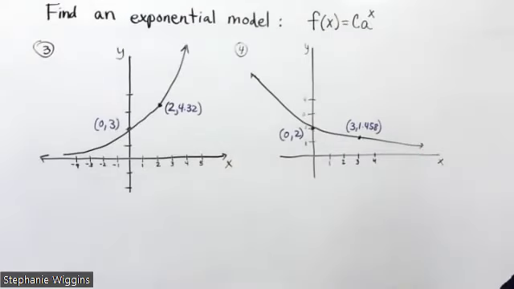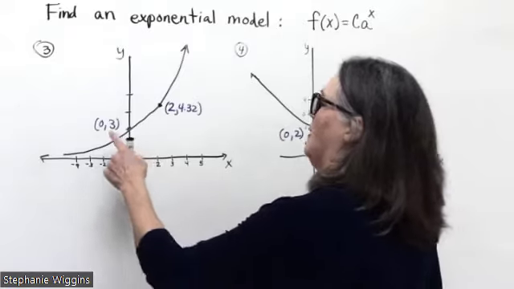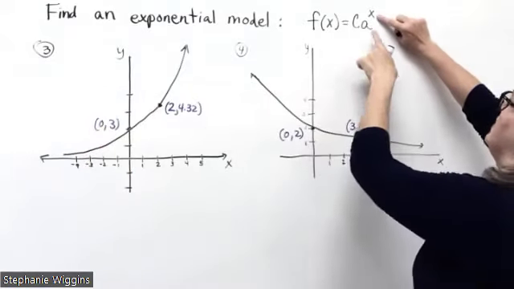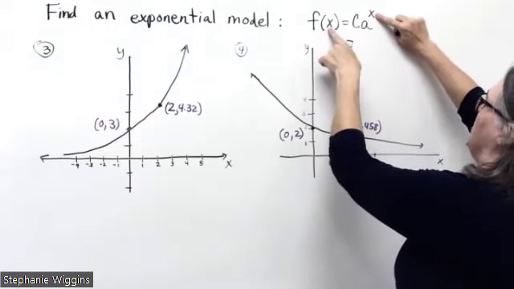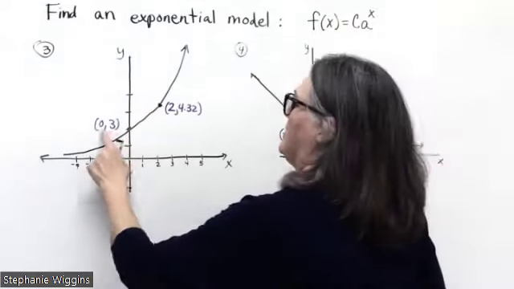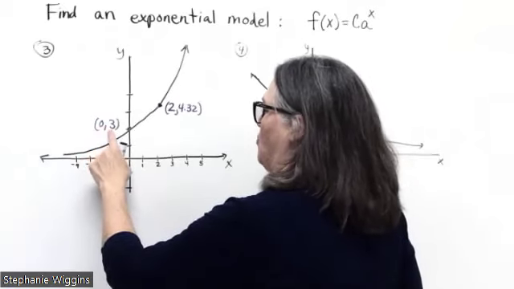functions. Okay, so C is given to us when we plug in 0 here. This a to the power of 0 is 1. So f of 0 is going to be C. So here we can see that C is 3, because if I plug in 0, I get 3 as an output.